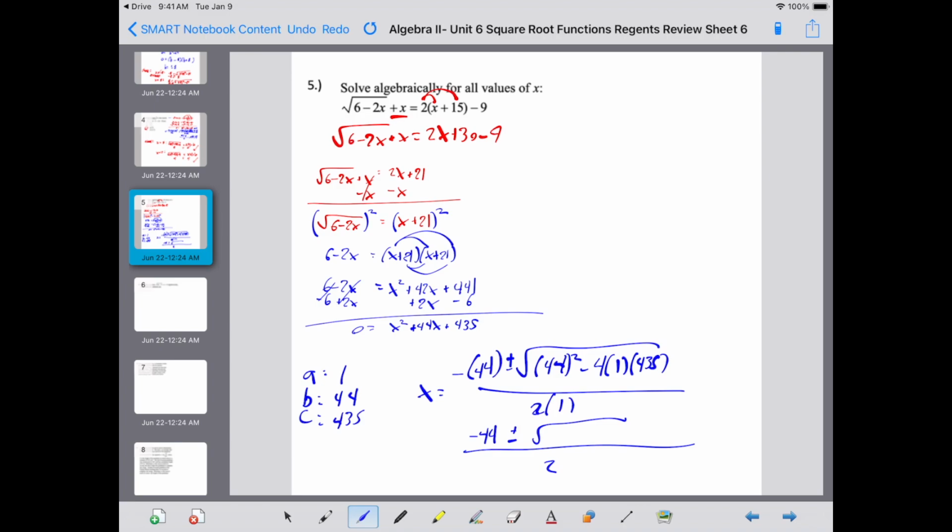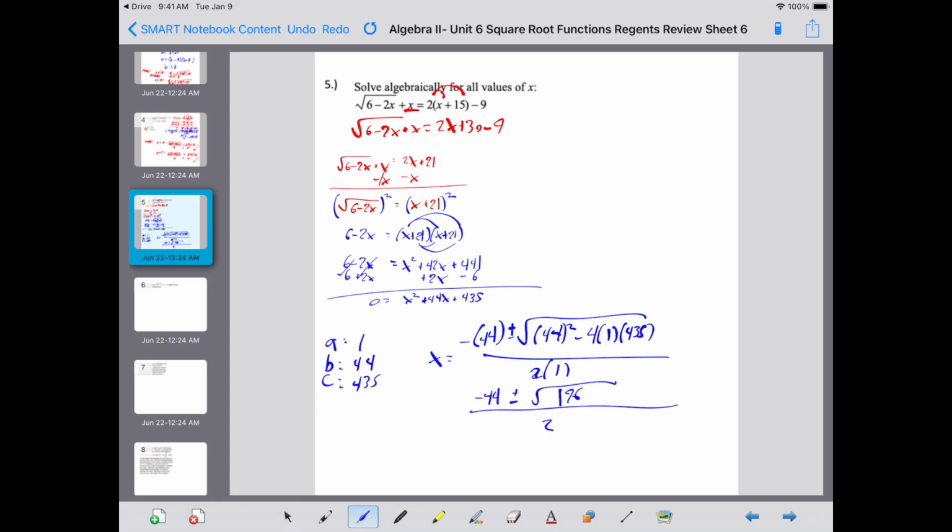Putting this in my calculator, just the radicand, what's in the radical, you get 196. I believe that's a perfect square. It's 14. So, x equals negative 44 plus or minus 14 over 2.